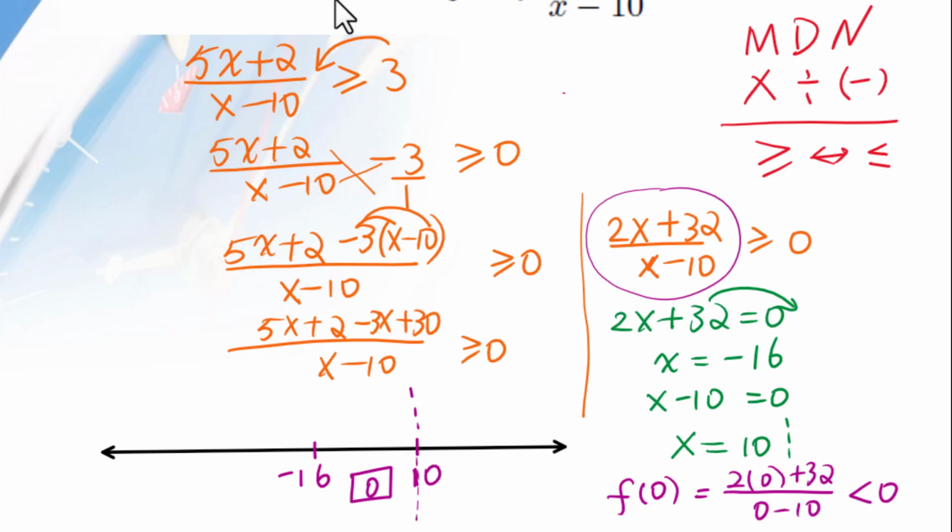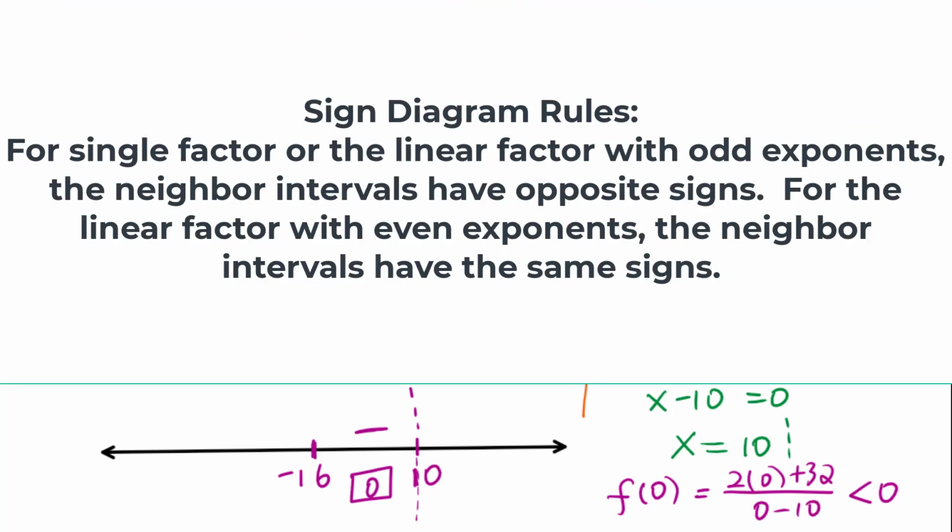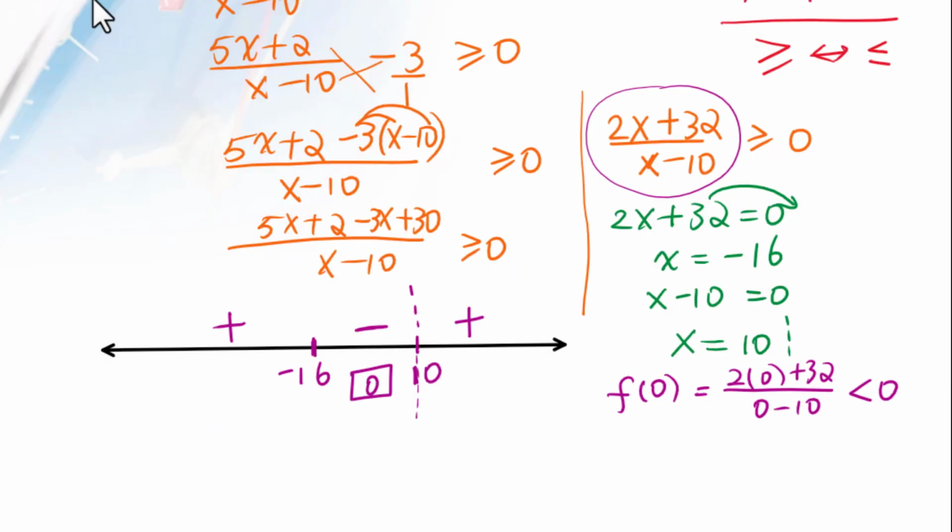So I will put a negative sign for this interval. The neighbor intervals are opposite sign. Positive here, positive here. Therefore, the final answer is this and this.